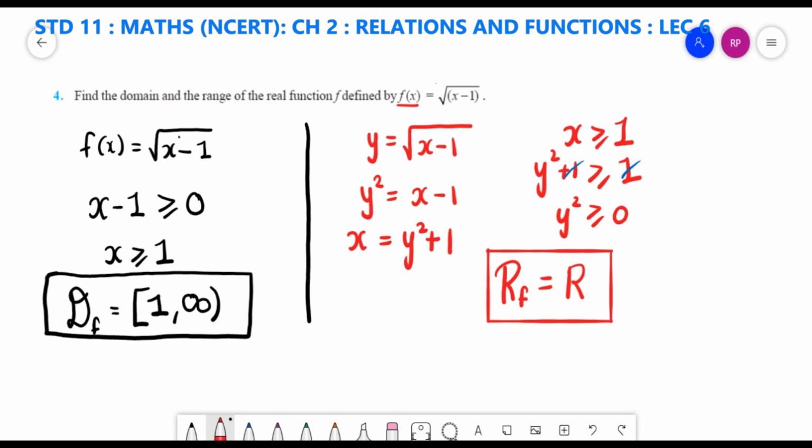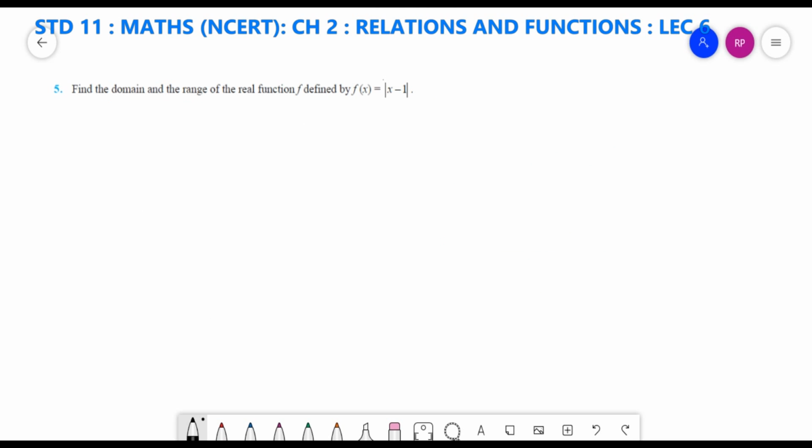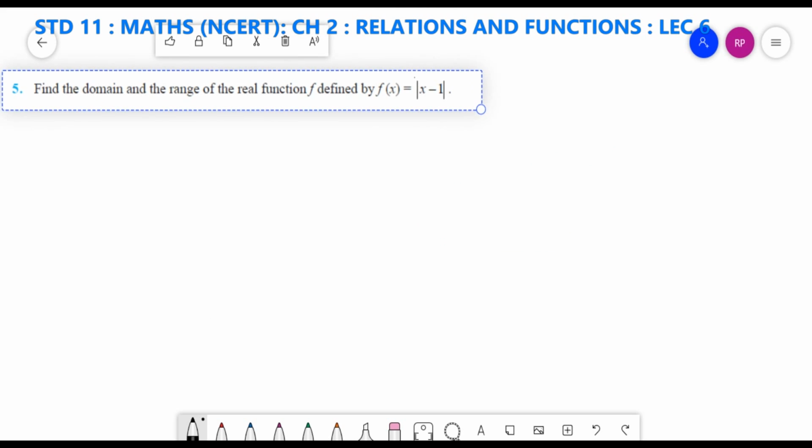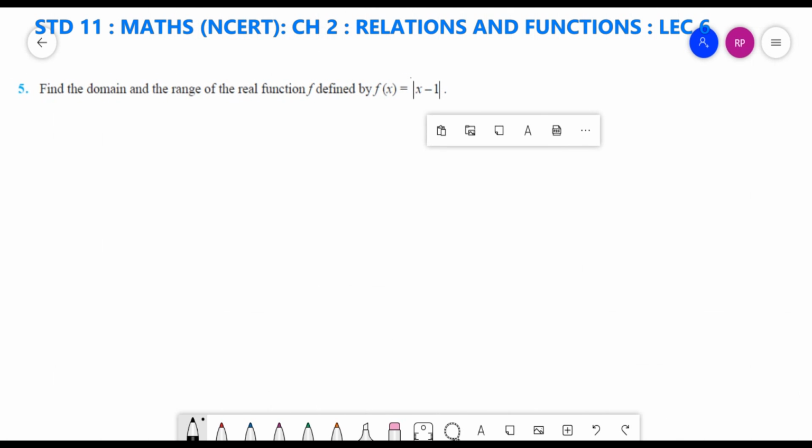Now let's move to the next one, that is question number 5. Question number 5 is: find the domain and range of the real function defined by f(x) = |x − 1|. Okay, now see here it is given that f(x) is equal to the modulus of x − 1.